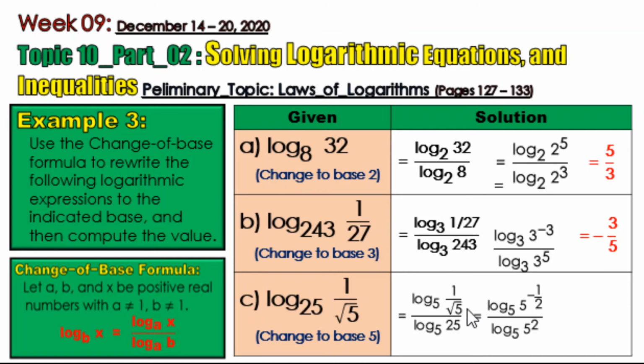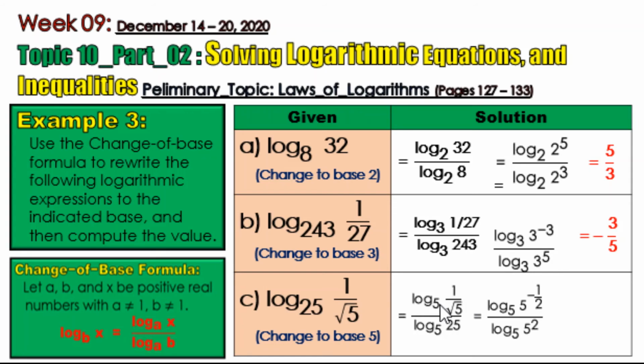If you can still remember, your radical expression can be expressed as a number with a rational exponent. So square root of 5 can be expressed as 5 raised to 1/2. Then 1 over 5 raised to 1/2, we will be expressing so that our base is 5.